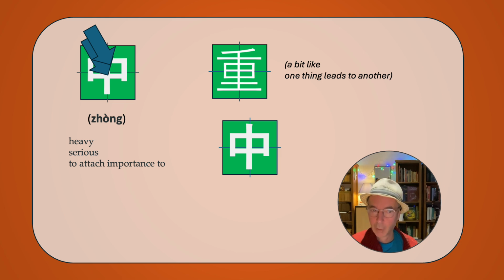Focusing even more on that middle, here it is in this character. You can almost see that I add even more there, even more to the field. I add even more layers. One thing will lead to another, and of course this will make an association with something like, yeah, it makes it also more serious. You add more importance to it.